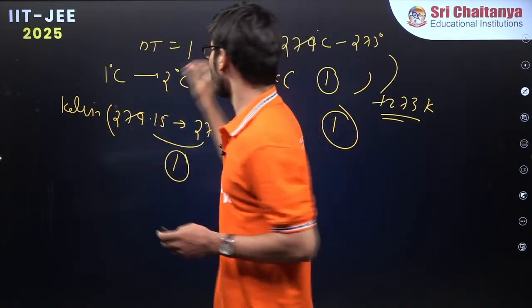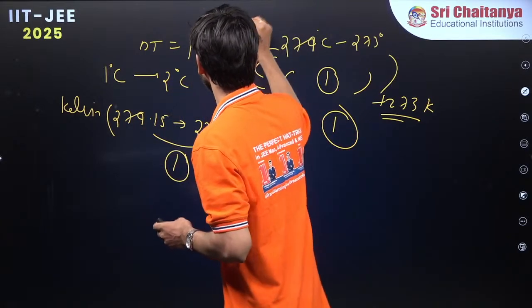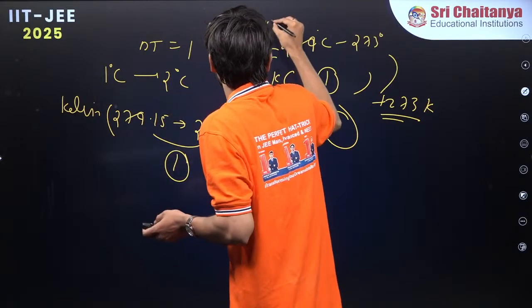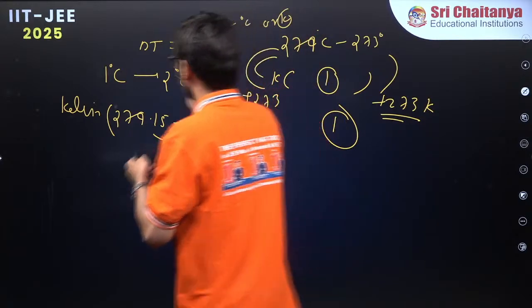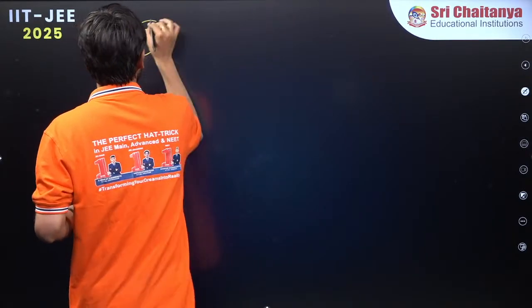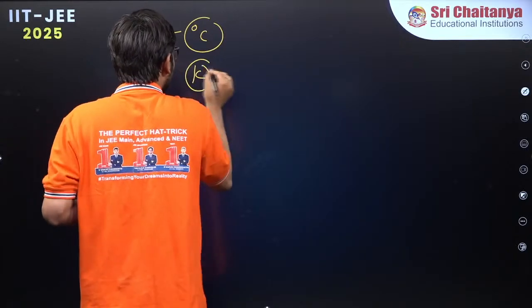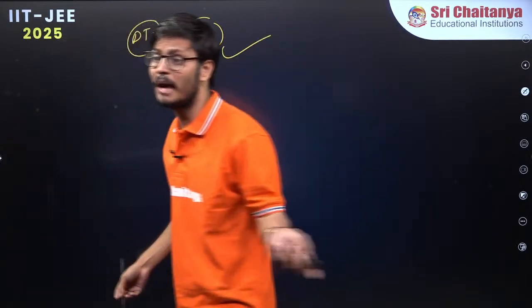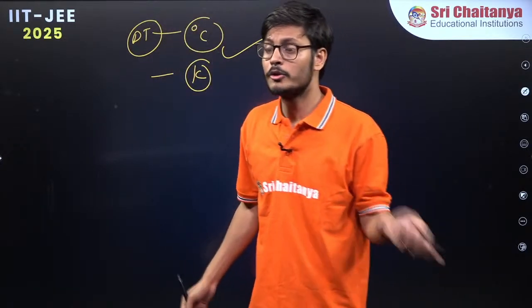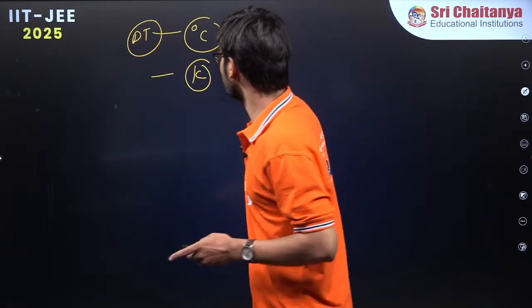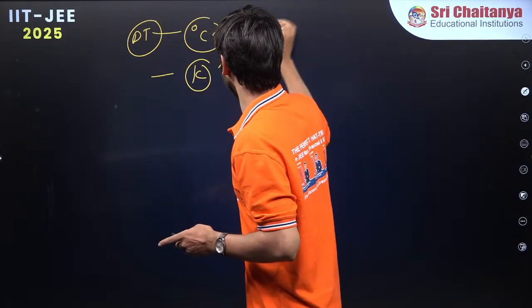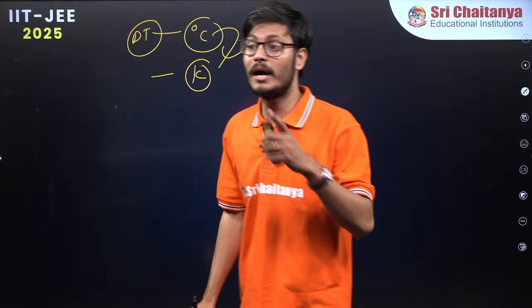So whenever we are calculating delta T, either calculate on the degree Celsius scale or on the Kelvin scale, it doesn't matter. Please remember, don't convert degrees into Kelvin if you are calculating a change in temperature.